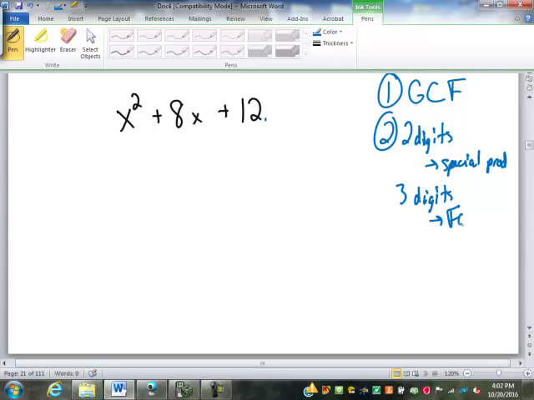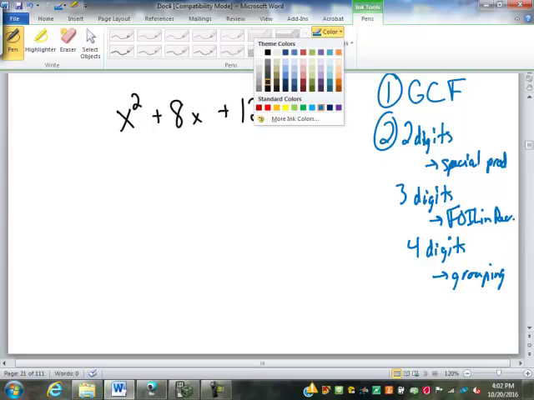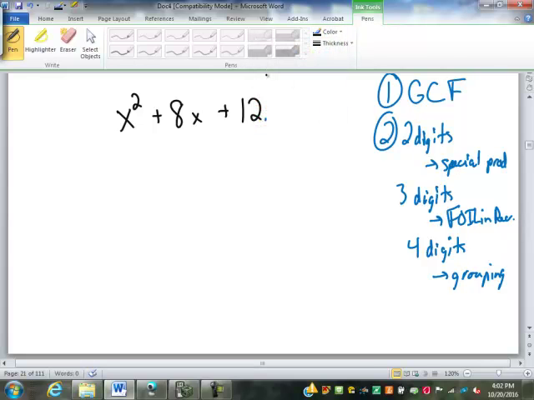That's that FOIL and reverse, or reverse multiplication. If there are 4 digits, we would do something called grouping, which we might not get to. We may stop before we get that far tonight. But this one has no greatest common factor.